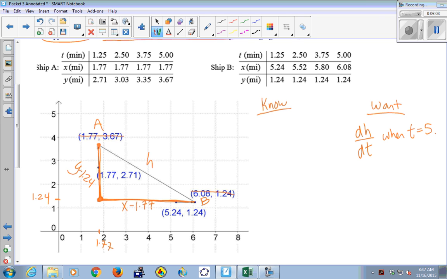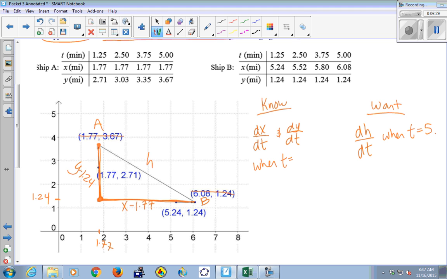Yeah, so I'm sending you back to our first day of class here, right? We're interested in the time t equals 5, right? So I want to estimate dx dt and dy dt when t is 5.